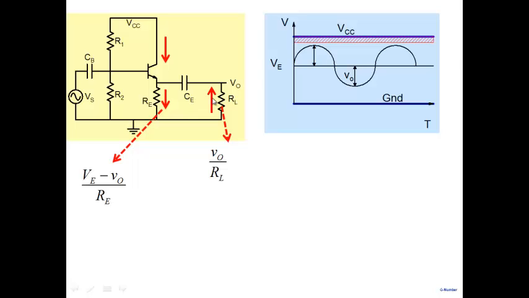Now you can see the trouble with this particular circuit. The trouble is that as I increase my V naught, this current is increasing, right? This current is increasing while this current is decreasing. In fact, you can see what is wrong with the circuit. When I don't want any current in my load, which means V0 is 0, the current here is maximum.